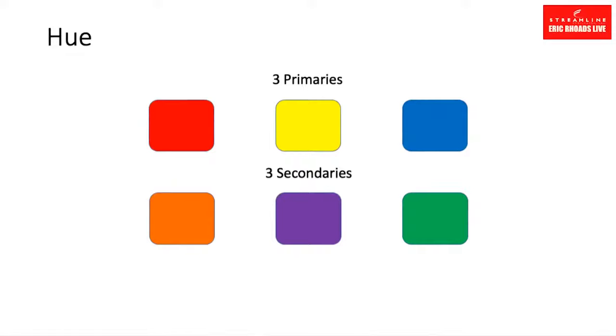We can go to the next slide. The second thing to consider when you start mixing color, and of course this is pigment, which is different than light, but that's another more complex thing to examine. When you start mixing color, the first thing you do is decide on the hue family.